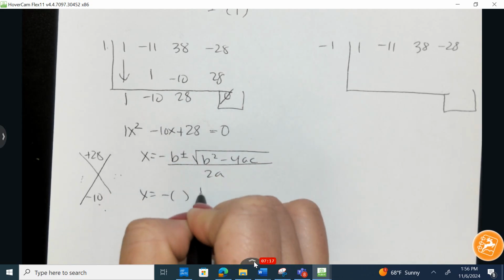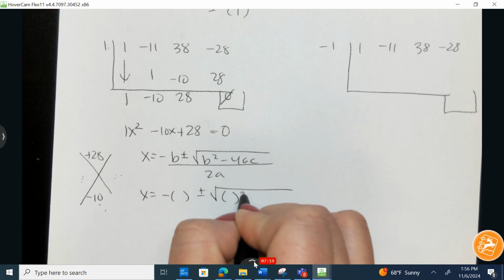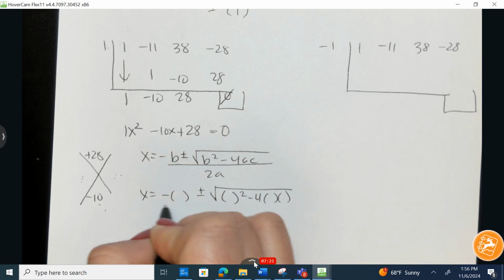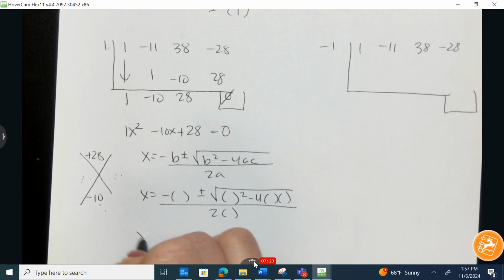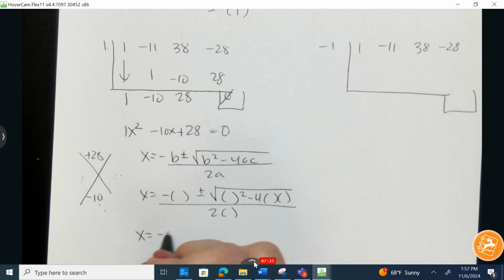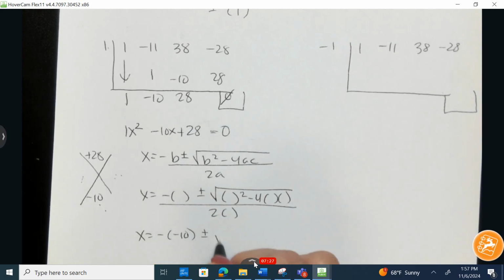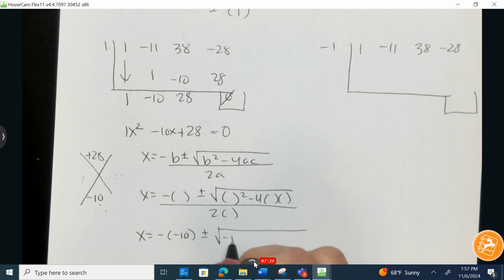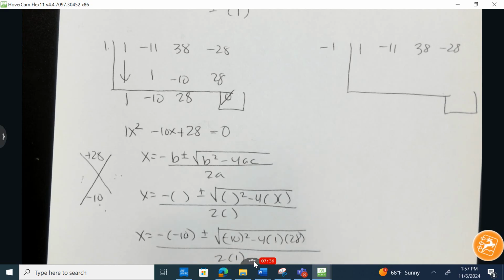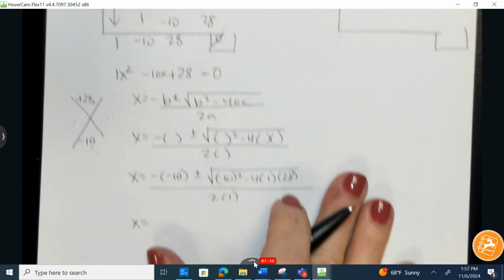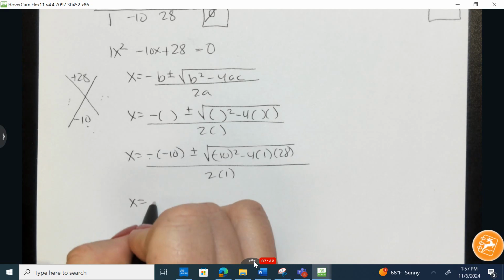So I'm going to put parentheses wherever I want to drop in the values for a, c, and b. My b value is negative 10. Oh, you can't see anymore, sorry. Negative times a negative is a positive.